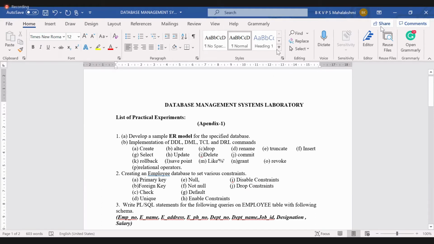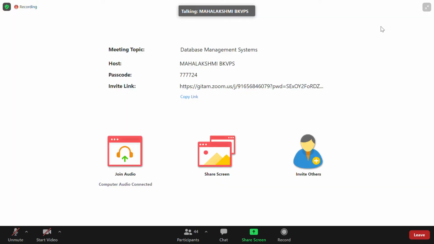So I'm stopping sharing this. Let us go with the theory syllabus and check whether we have this ER model concept in the theory syllabus.